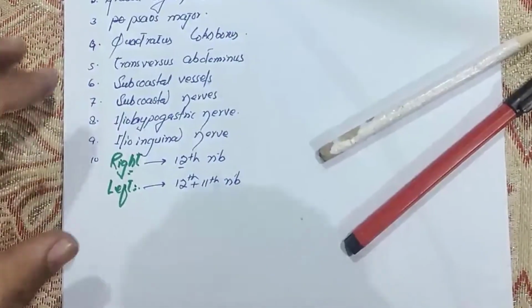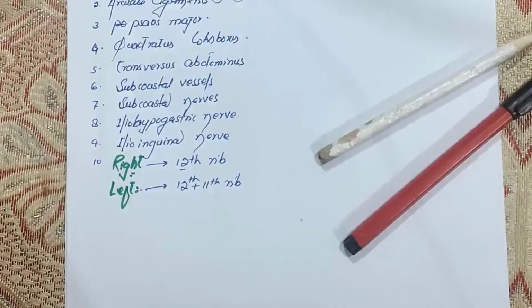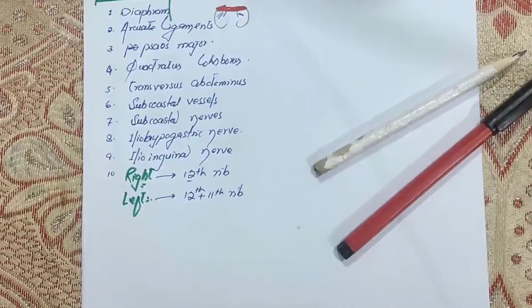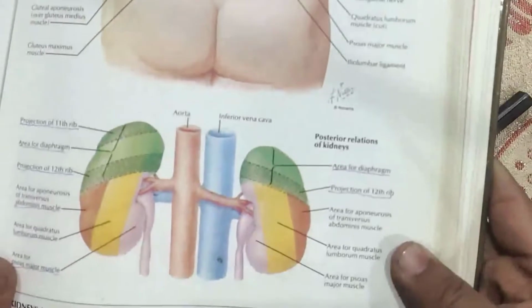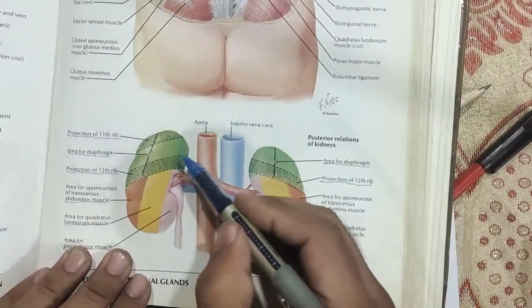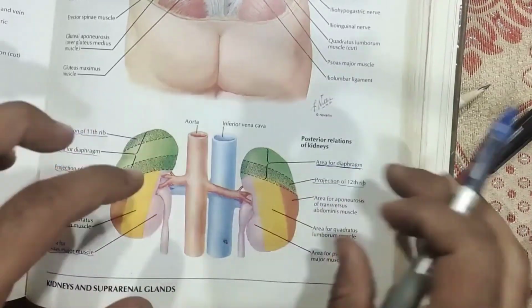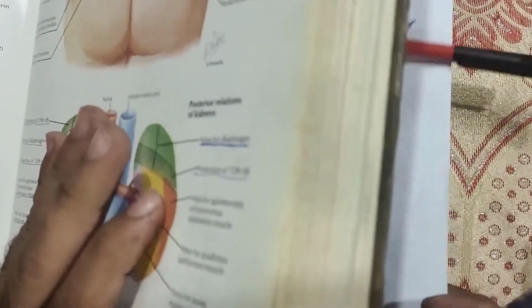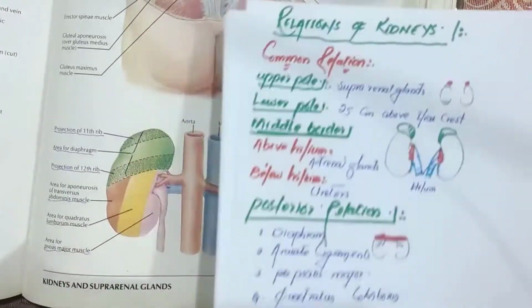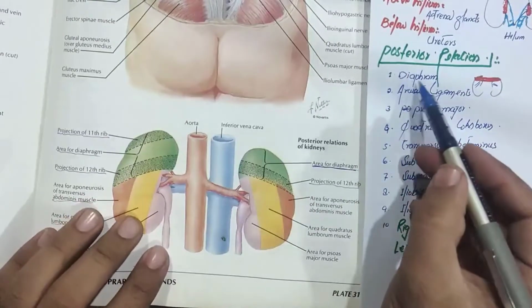Now let us see these in the diagram here. I will show you. Look carefully. This is the book we have, right? And look carefully. Here is the impression, the area for the diaphragm, right? This is the posterior surface. Okay, so let me take my written subject also like this. Look carefully. This is the diaphragm.